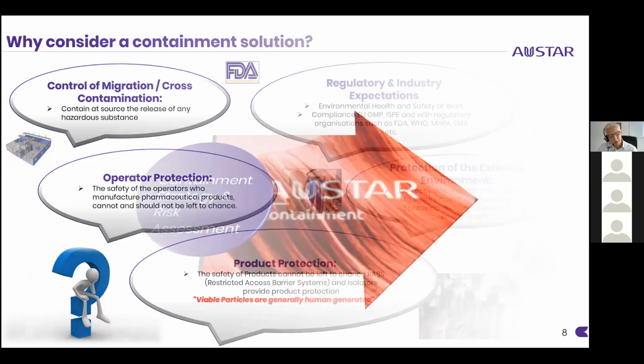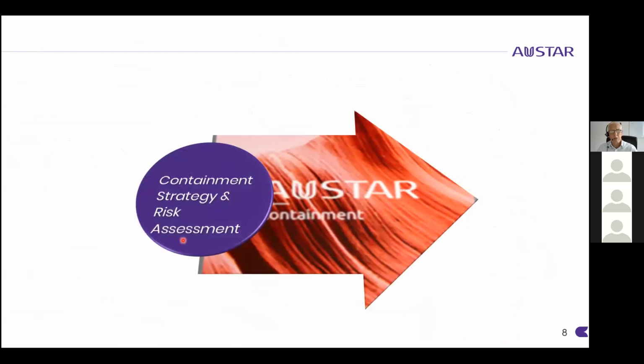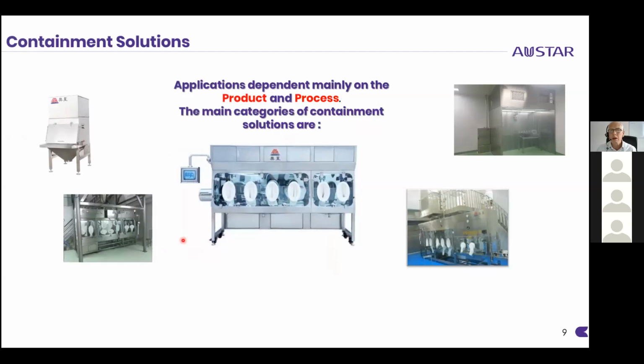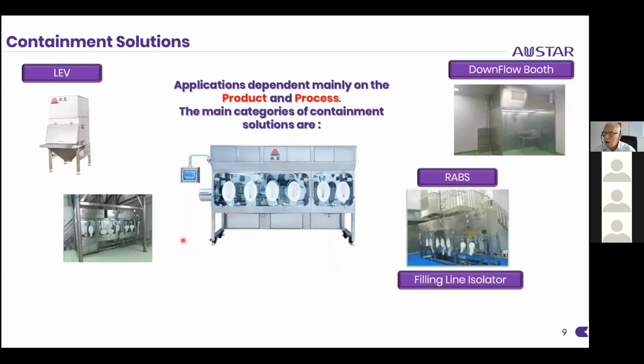What is a containment strategy and risk assessments? So, containment solutions, there are many of them. They're all designed, the applications are mainly dependent on product and process. These are some of the main categories. LEVs, downflow booths, RABs and filling lines. So RABs are restricted access barrier systems.